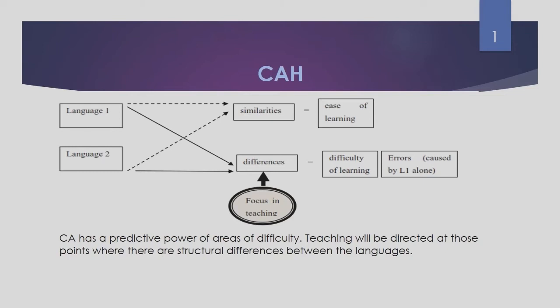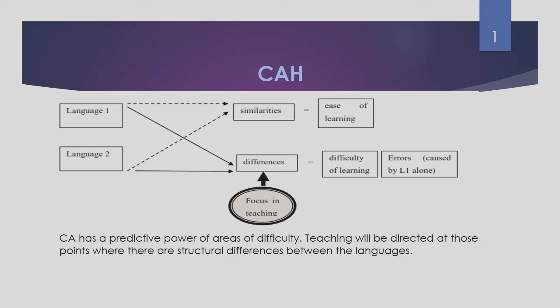The errors in that case are caused by the first language of the learner alone, not because of another reason. In that case, we say that contrastive analysis has a predictive power of areas of difficulty. Contrastive analysis, through the comparison itself, predicts where errors will occur.